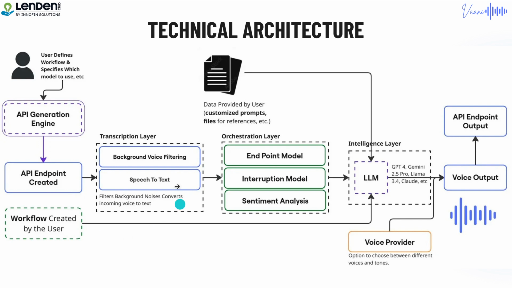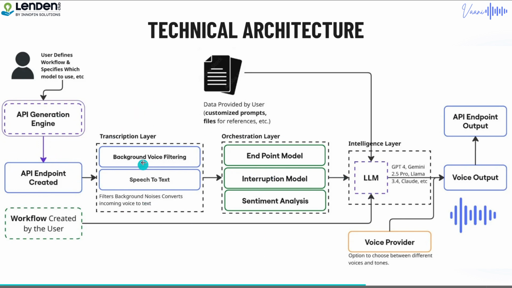So this is our technical architecture. It's the whole thing of how the APIs will be generated. So firstly the user has to define the workflows, how you want the agent to work, prompts, etc. Then we will have an API generation engine that will create an API endpoint.